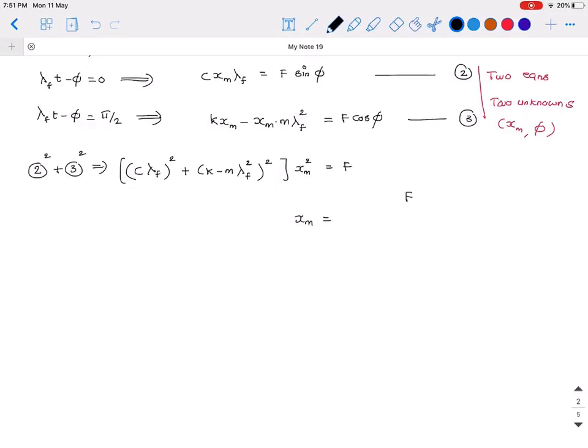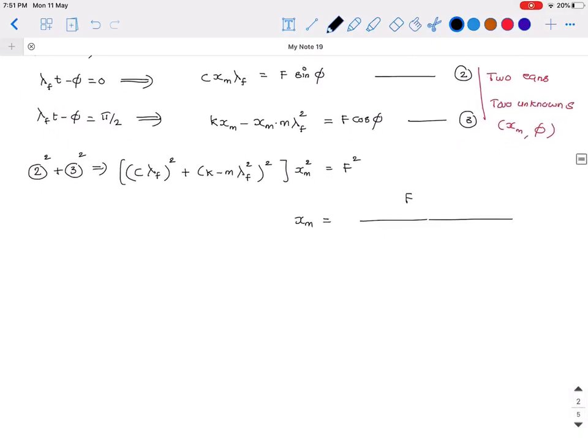Okay, so from here you can write in a straightforward way the amplitude of oscillations xm to be F by square root of (c lambda f) square plus (k minus m lambda f square) square. So xm gives the amplitude of the oscillations, and we have another unknown phi, which is the phase lag between the force and the oscillation.